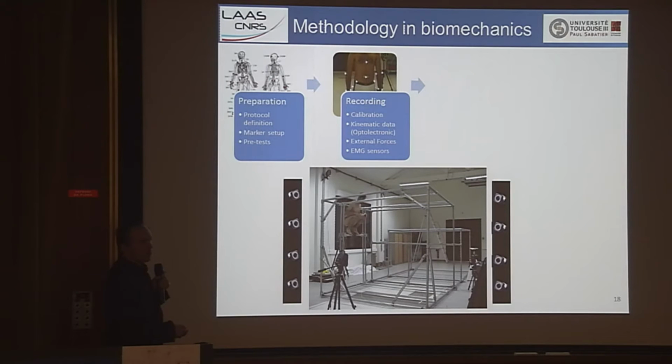A force platform to measure external forces applied on the subject, and here we also have a handlebar equipped with a 6-axis sensor in order to determine the reaction forces applied during the preparation phase and during the landing, so we use the force platform.